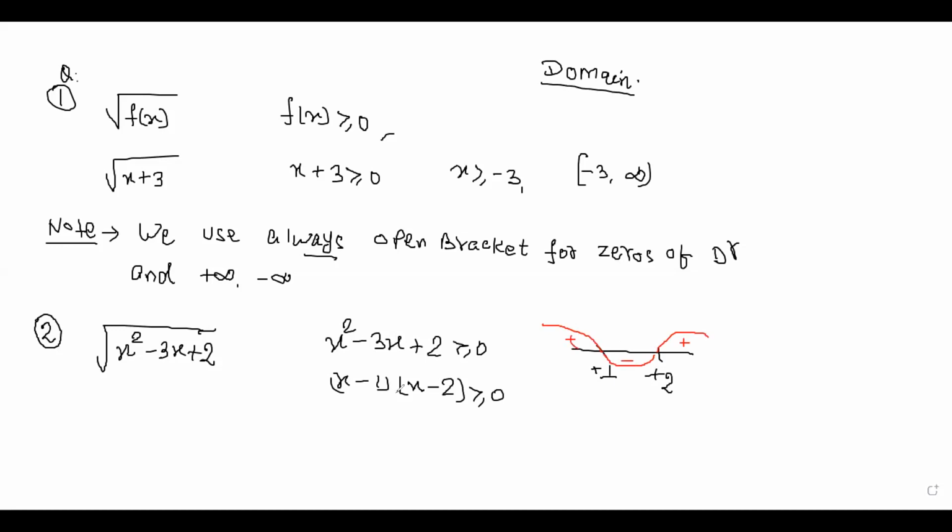And you have to take x minus 1 into x minus 2 greater than 0, so that its answer will be minus infinity to 1 in closed bracket, union 2 to infinity. Okay, this is the domain of the function square root of x square minus 3x plus 2. Got it?